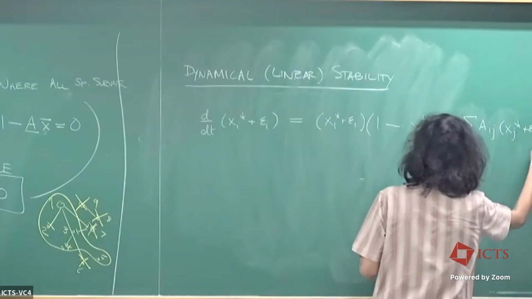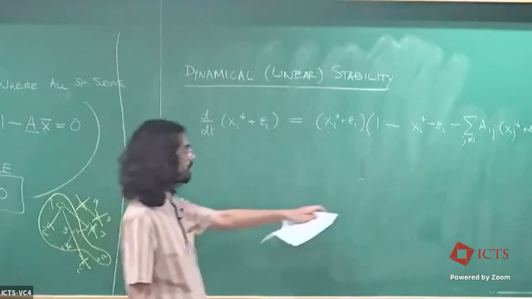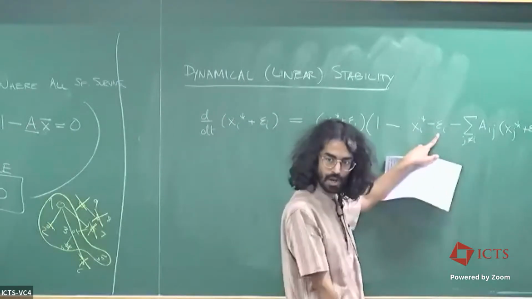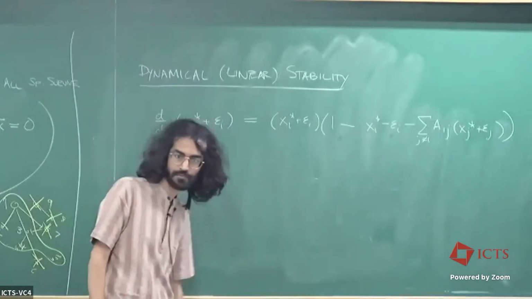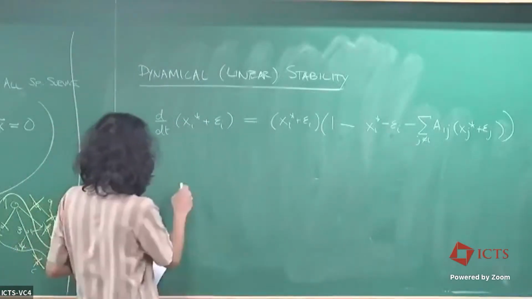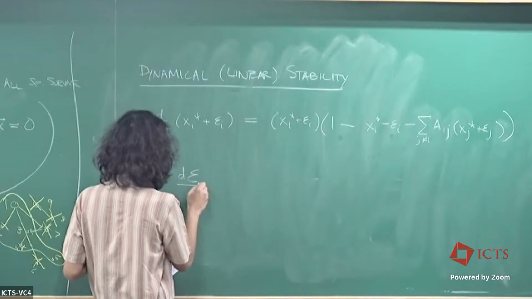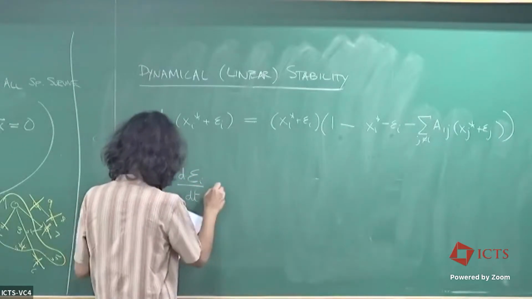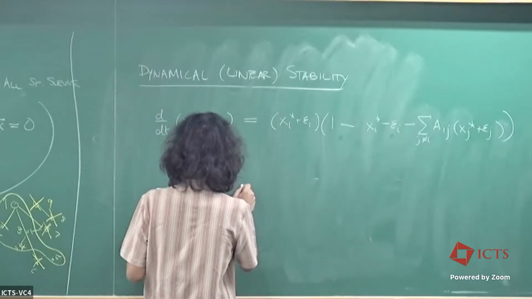You can work through this, use the fact that epsilon is small compared to 1, and compared to xi star in fact, and you can arrive at the following Jacobian. You'll see that d dt epsilon i is essentially something that looks like the following.